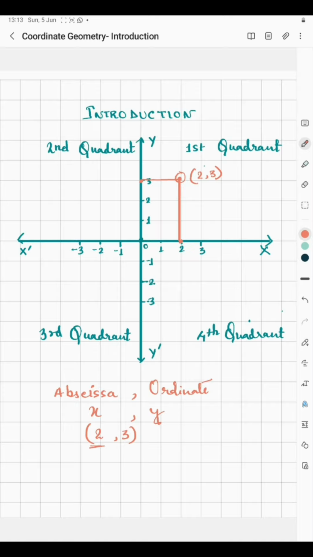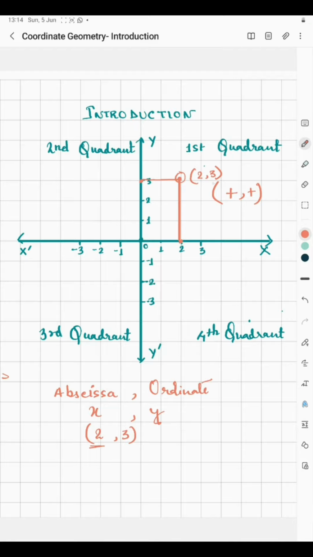What we have noticed here is that 2, 3 lies in the first quadrant, in which 2 and 3 are both positive. That means in the first quadrant, the value of x, which is abscissa, and the value of y, which is ordinate, will both be positive.